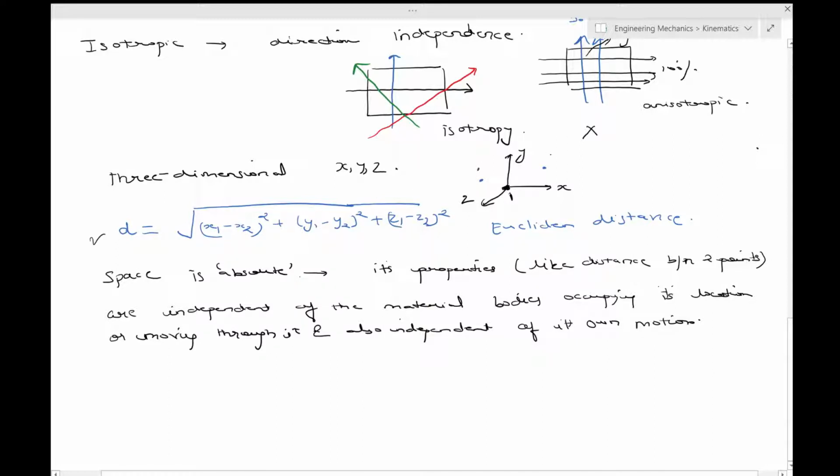Now imagine if this room was not filled with air, but was filled, say, with concrete or wood, or completely filled with plastic. The distance between these 2 points would still remain the same, right? It would really not matter whether air is filling it, or there is concrete, wood, or whole metal cast into it. The distance between the 2 points remains the same. So that's the first part.